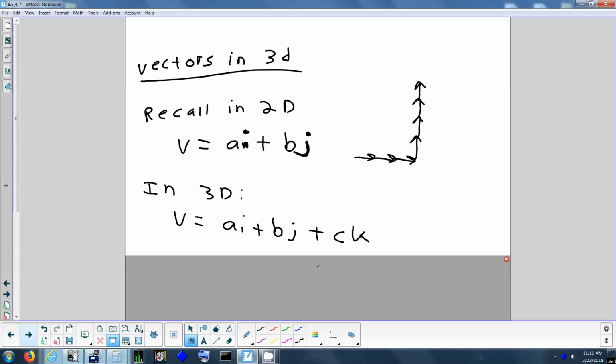As far as sketching it, you don't have to worry about it. You just have to know that K is the unit vector along the z-axis. I is the unit vector along the x. J is the unit vector along the y.